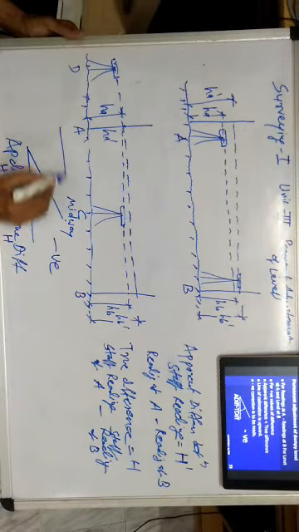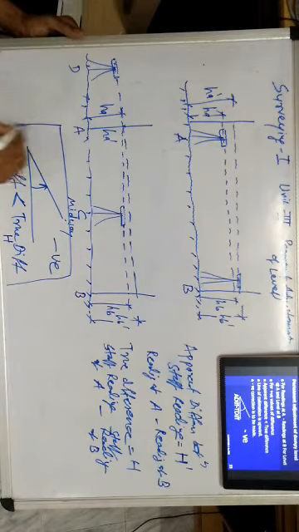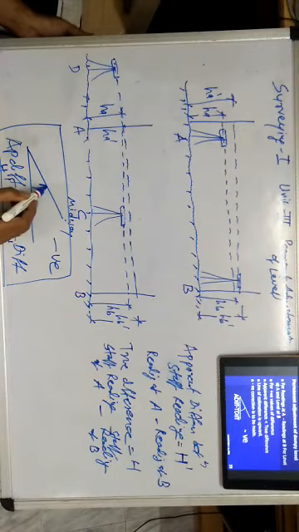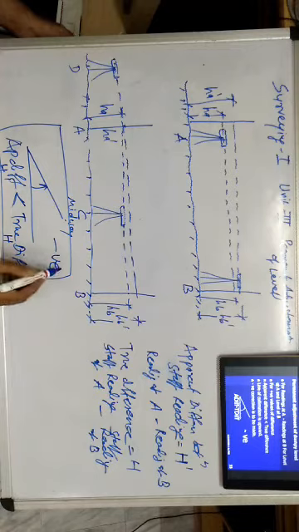So this figure we have to remember when solving problems based on the permanent adjustment, because here the apparent difference is less than the true difference, so we can conclude that the line of collimation is slightly upward and the correction is negative. If we remember this, then we can solve the problem based on the permanent adjustment of the dumpy level.